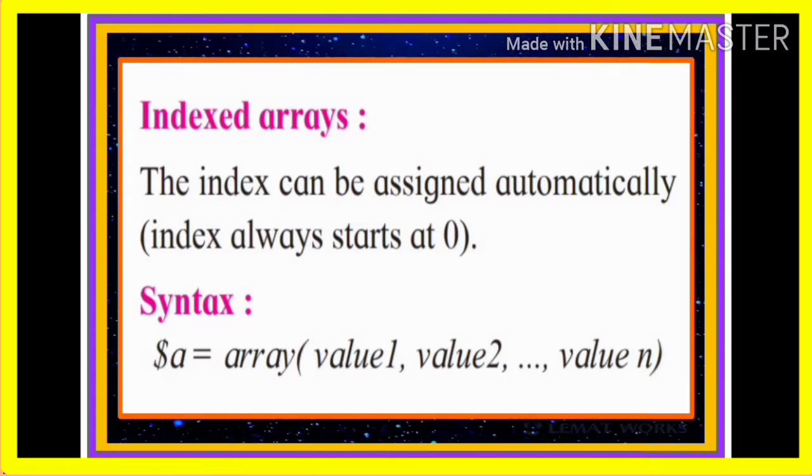Here values are separated by comma. So the syntax is $A equal to array open parenthesis value 1 comma value 2 comma value n close parenthesis.